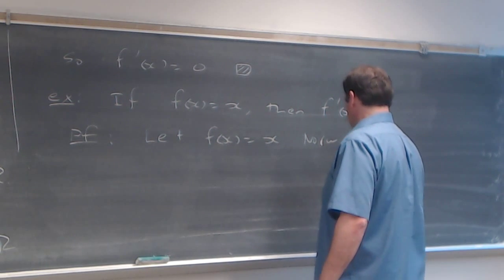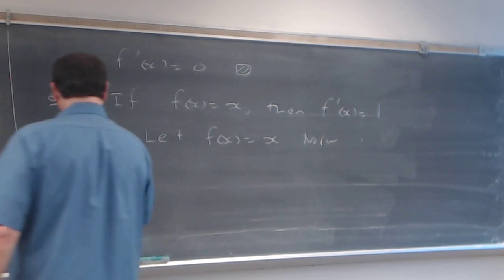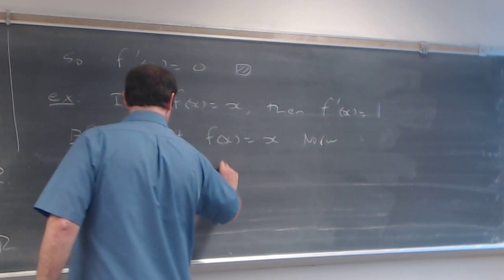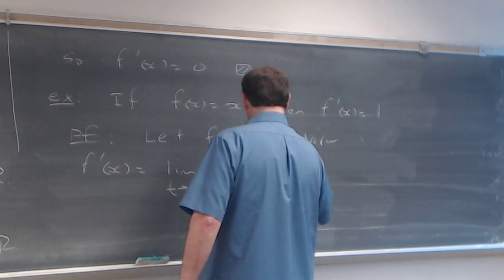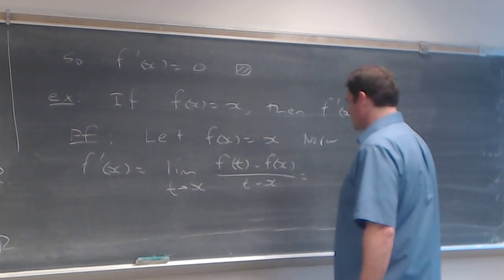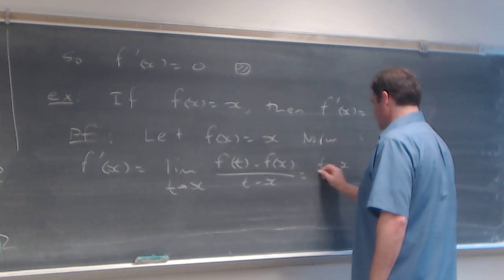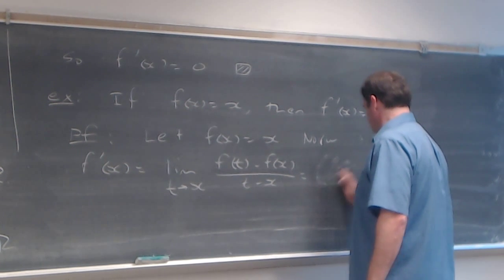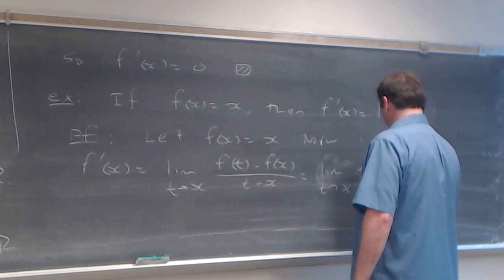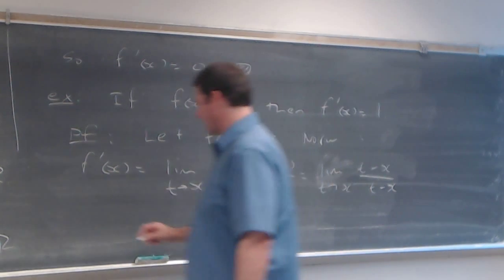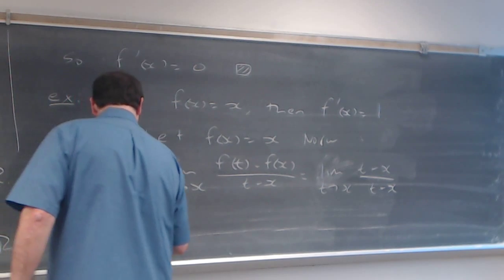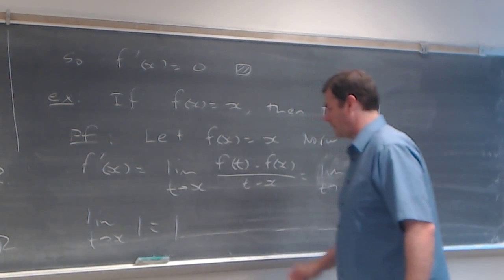Now, f prime of x will be equal to the limit as t goes to x of f of t minus f of x all over t minus x, which is the limit as t goes to x of t minus x over t minus x. T minus x over t minus x is just 1, so this is the limit as t goes to x of 1, and the limit of a constant is the constant, so we just get 1, and that is that proof.